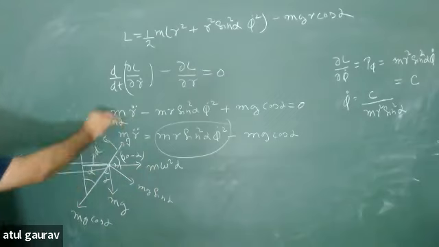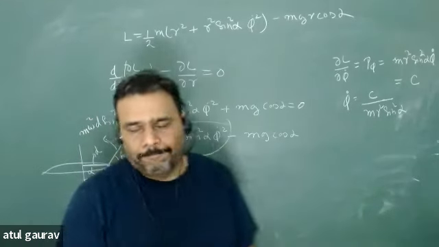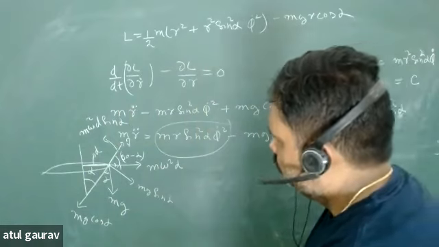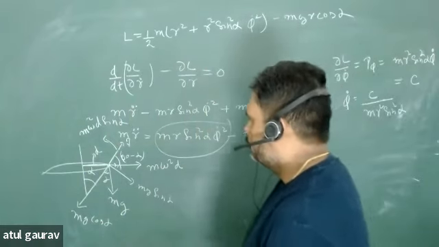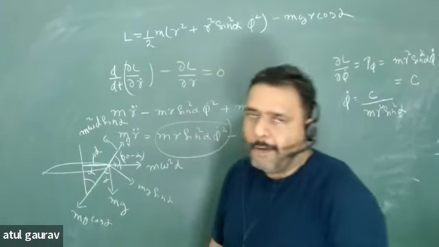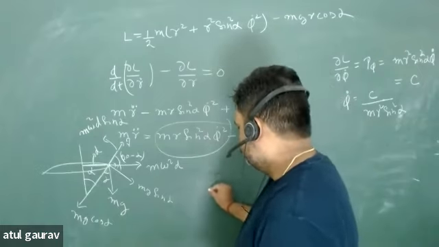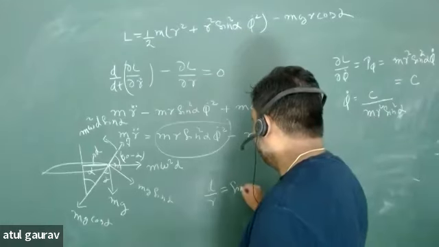Sin alpha. Now, can you please tell me d as a function of r? What is the relationship between d and r? d by r is equal to what? Sin alpha.